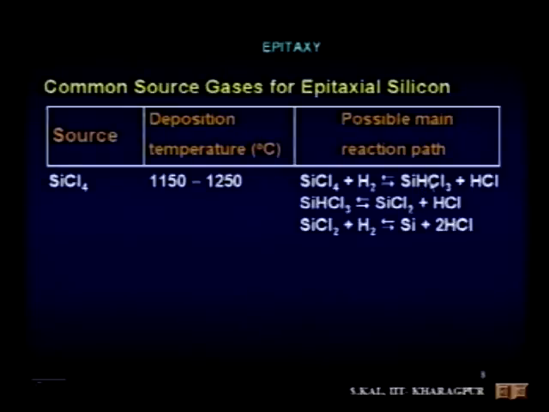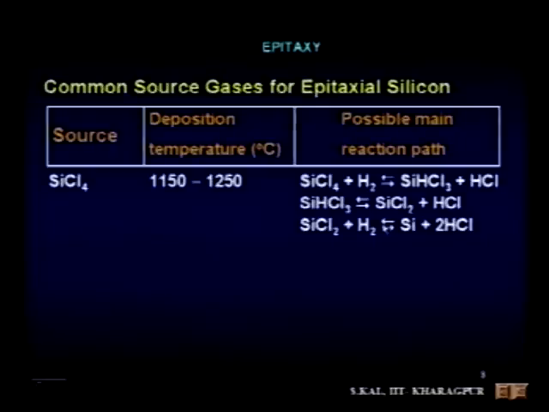In the next step, the trichlorosilane decomposes at this high temperature into SiCl2 plus HCl, and this SiCl2 plus H2 gives you silicon plus 2HCl.